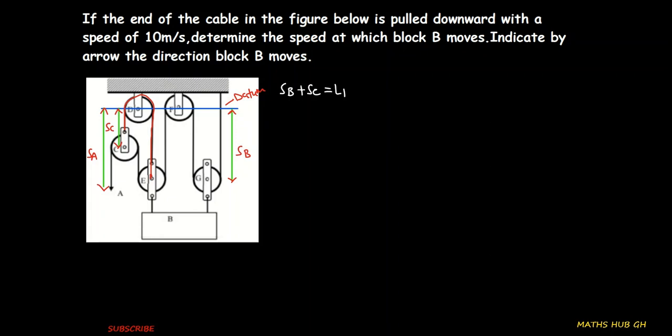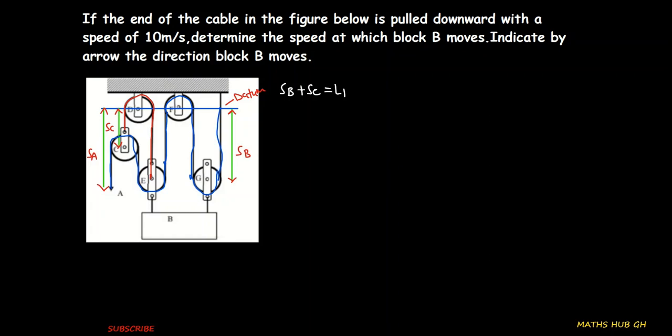So let me trace the second rope so that we can see it clearly. So I have from here, a little crooked, I'll trace this all the way to the end. So this is the second rope. Let's write an expression for the length of that rope also.